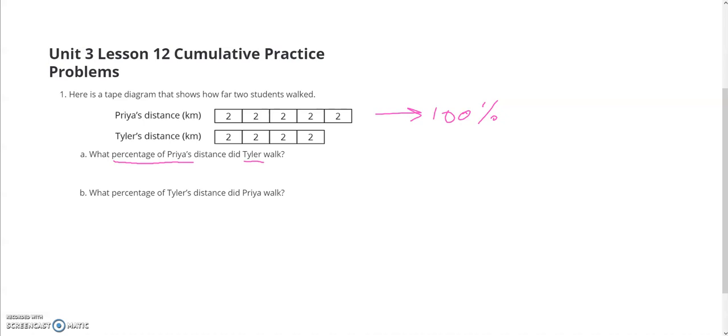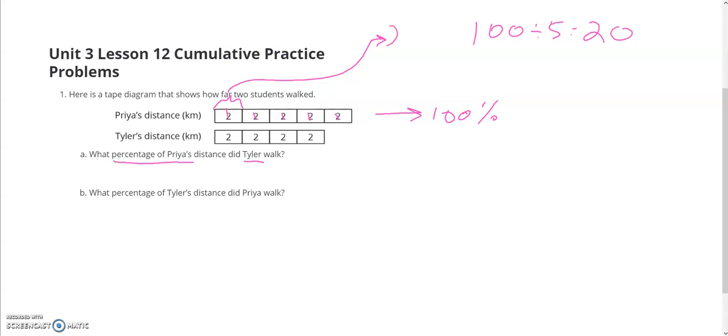That means we want to know how much is each of these squares, or rectangles. I see 1, 2, 3, 4, 5. So if 100% is the whole thing, each rectangle is going to be 1/5 because there's 5 of them. So if we're dividing by 5, we get 20.